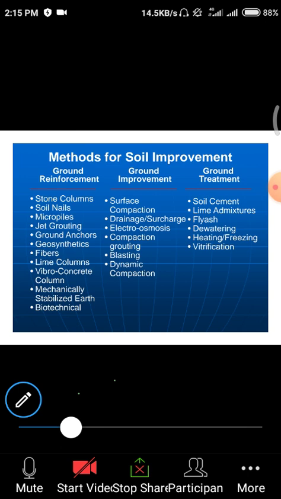To improve that stress distribution, we use micropiles. The next one is jet grouting. This grouting terminology is also faced in concrete technology. Normally, grouting means a huge amount of force is applied on cement concrete paste with respect to any external object.